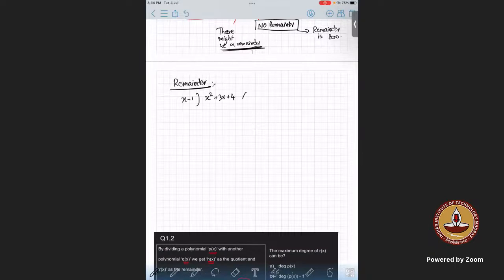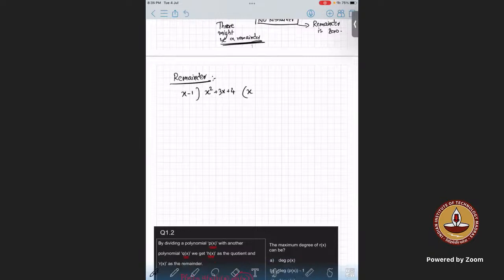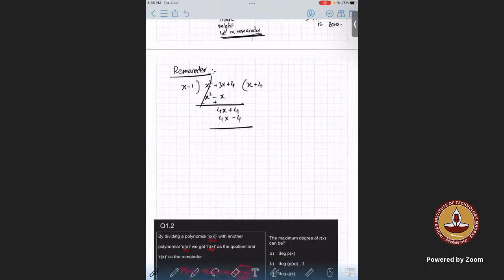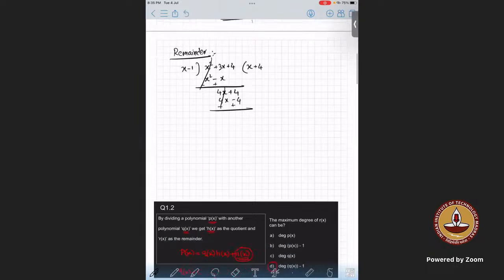Let us simply divide. x square minus x, minus plus 4x plus 4. 4x minus 4, x plus 8.